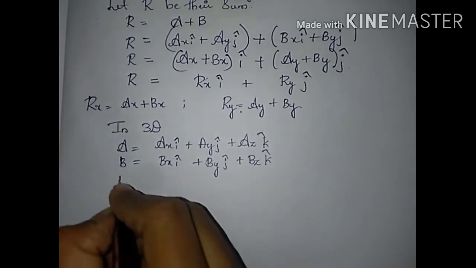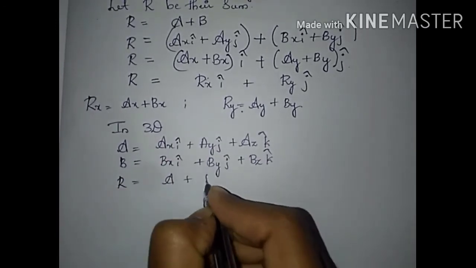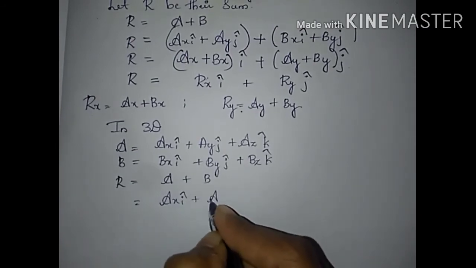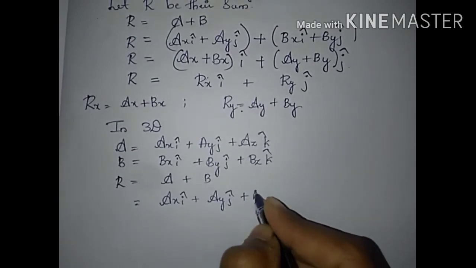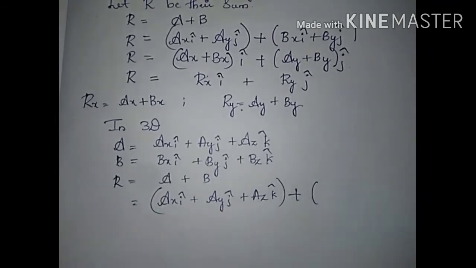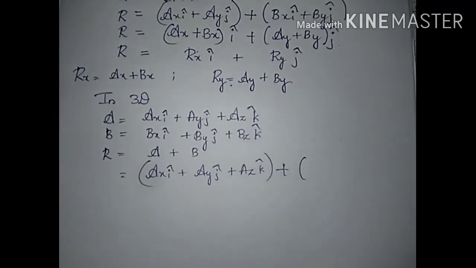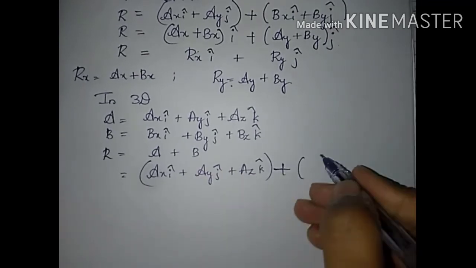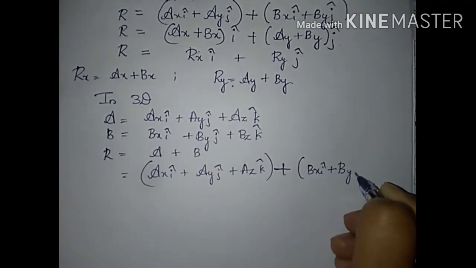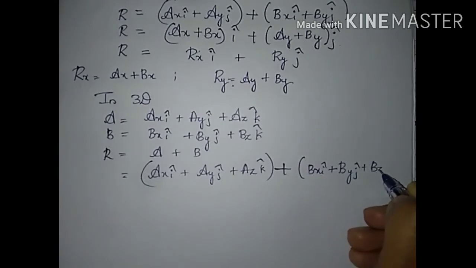So R is A plus B. So now A is Ax i cap plus Ay j cap plus Az k cap, and to this we add B, not multiply, but addition: Bx i cap plus By j cap plus Bz k cap.